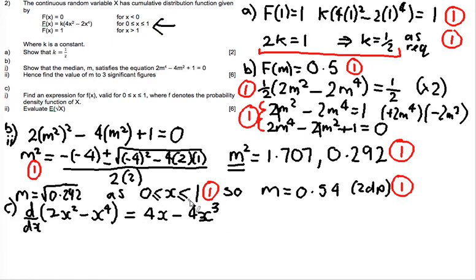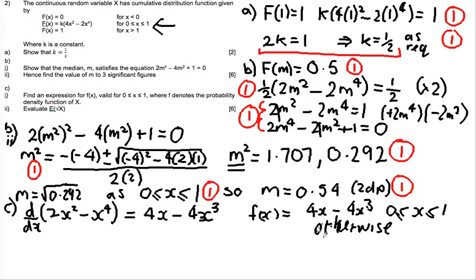So if I differentiate my cumulative distribution function, I get that little f of x is equal to 4x minus 4x cubed. And really we should just find this over the range, so 0 less than or equal to x less than or equal to 1, and then 0 otherwise.